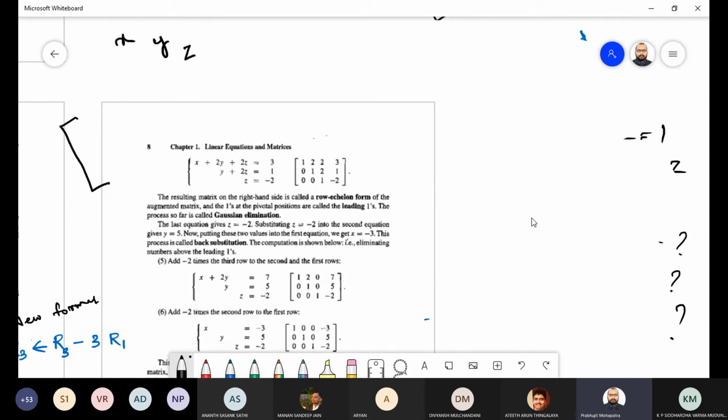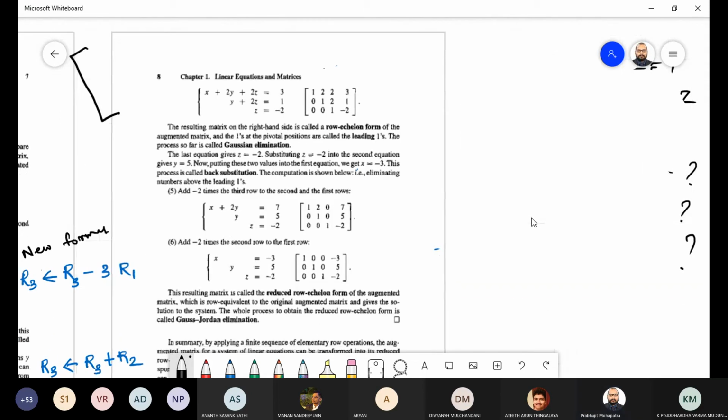What is our target? Our target is to eliminate this y. Our target is to eliminate this z. Is it okay or not? Yes, sir. So how will we do it? What operations do we have to do?